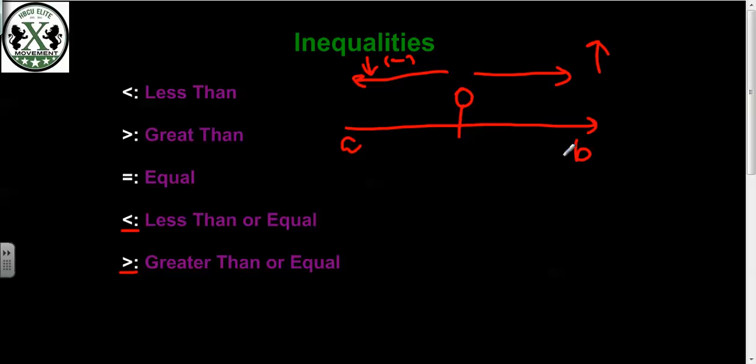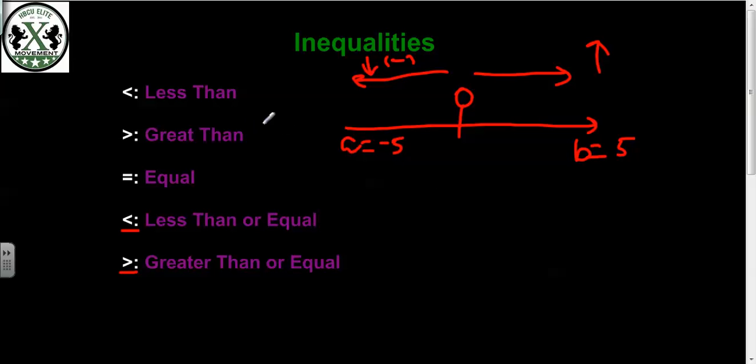So with that being said, let's give a value to this variable a. Let's say the variable a is equal to -5, and the variable b is equal to 5. How would we write that as an inequality?